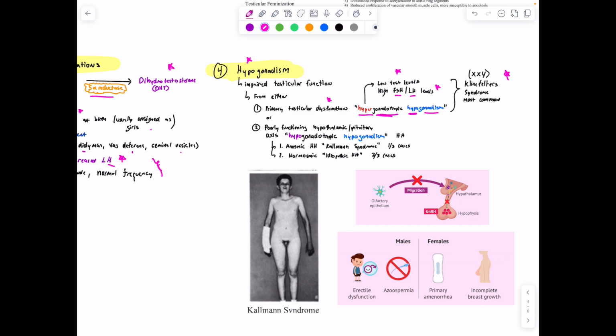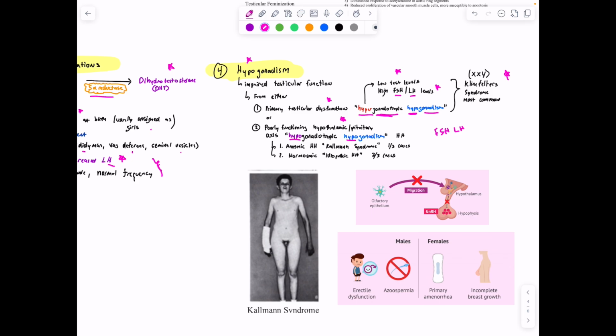Klinefelter syndrome is the most common. That's XXY genotypically. You could also have a poorly functioning hypothalamic-pituitary axis, which would be hypogonadotropic, which means low FSH and LH, and then hypogonadism is low testosterone, and so this would be HH, hypogonadotropic hypogonadism.